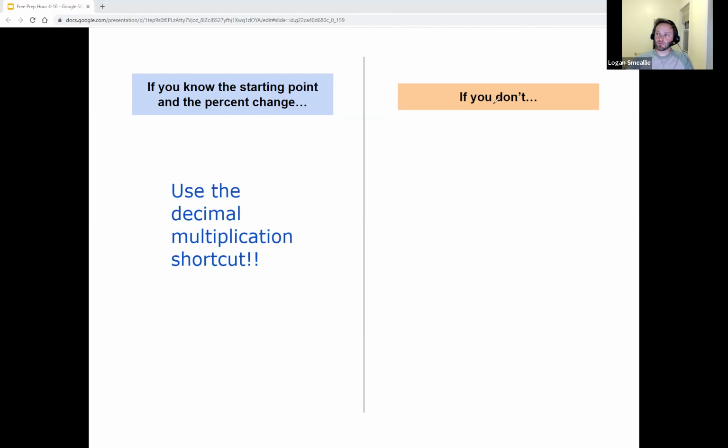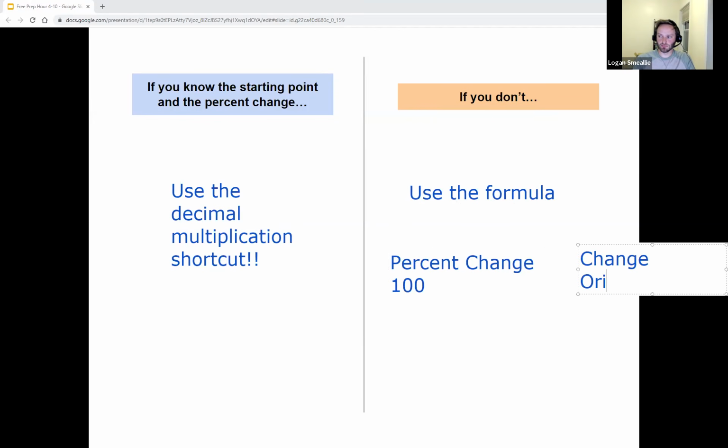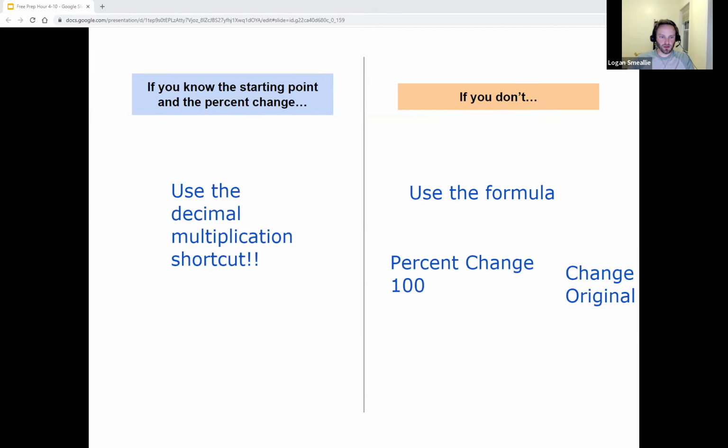If you don't, and particularly if you're trying to find the percent change, use the formula: percent change over 100 equals change over original. So that's my quick and dirty of when to use each of the two strategies that we've looked at so far.